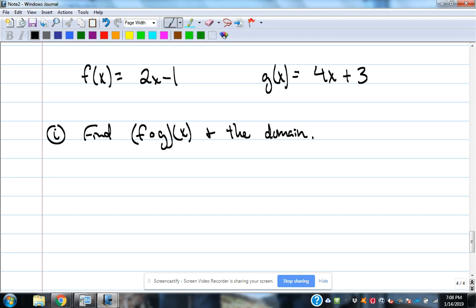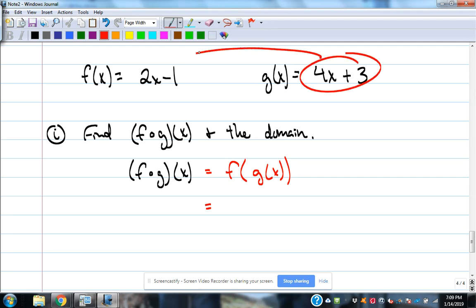F composed with g of x. That means you take the g of x function and put it into the f of x function in the place of x. So we're going to take this stuff and put it in here for x in that function.